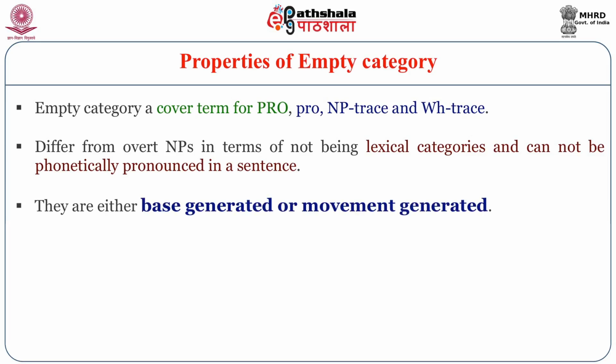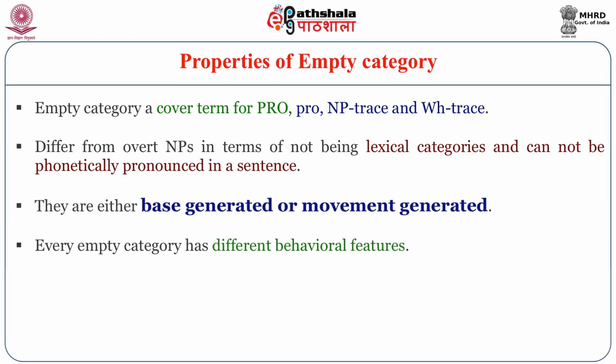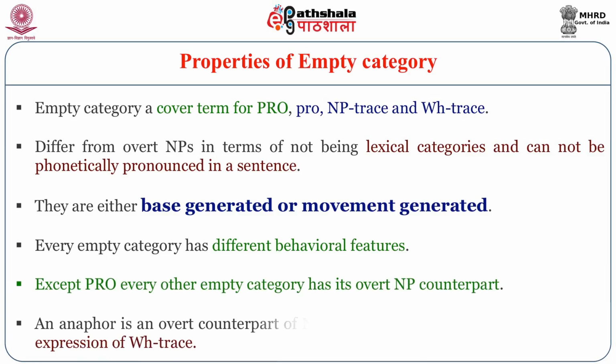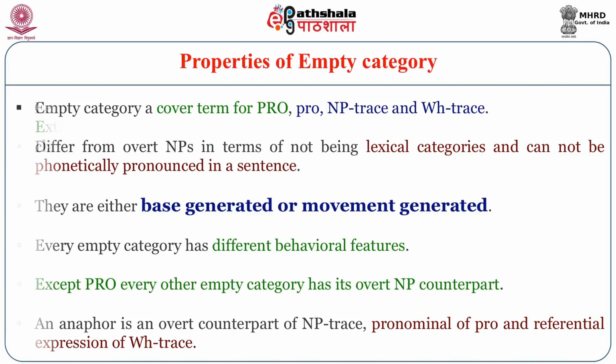They are either base generated or movement generated. Empty categories have different behavioral features, and except PRO, every other empty category has its overt noun phrase counterpart. An anaphor is an overt counterpart of NP trace, pronominal of pro and referential expression of WH trace.